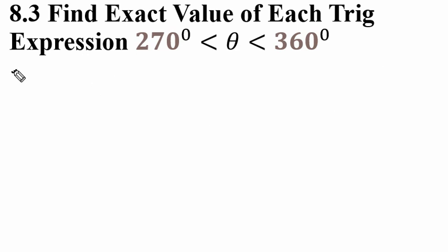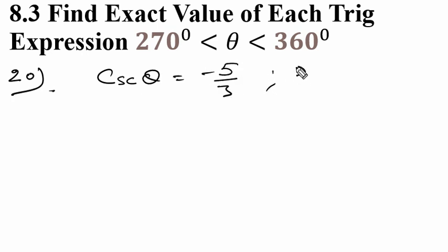Next, question number 20. Cosecant theta is negative 5 over 3. Find cos theta. What do I have to do in this one? I can find sine first because cosecant is given, or else I can find cot.